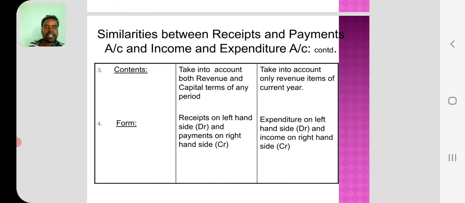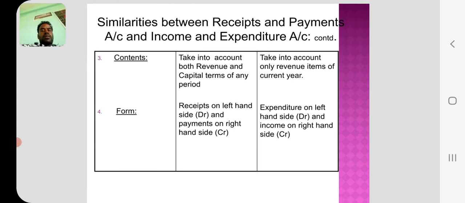Contents: both revenue and capital items are recorded in receipts and payments account. Coming to income and expenditure, only the revenue items of the particular year are recorded.